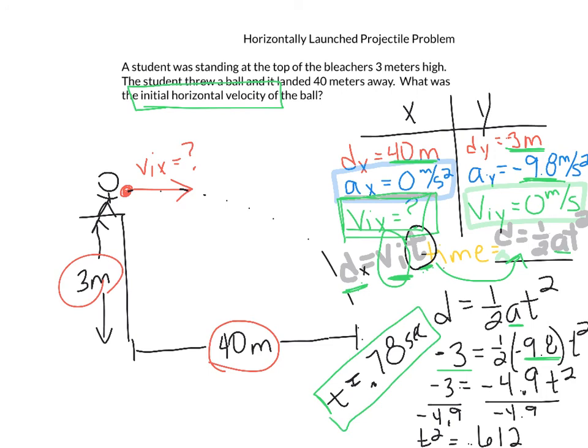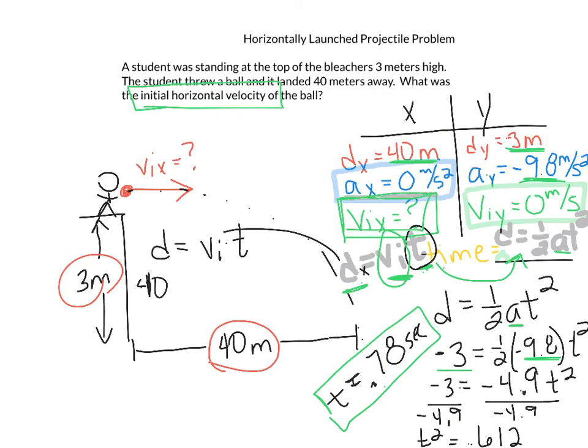You're not done, because we haven't officially solved the initial horizontal velocity. So now you have to take this time and plug it into this equation on the x side. So I'm going to work right on this picture now. D in the x direction is equal to the initial velocity in the x direction times time. My d was 40 meters.